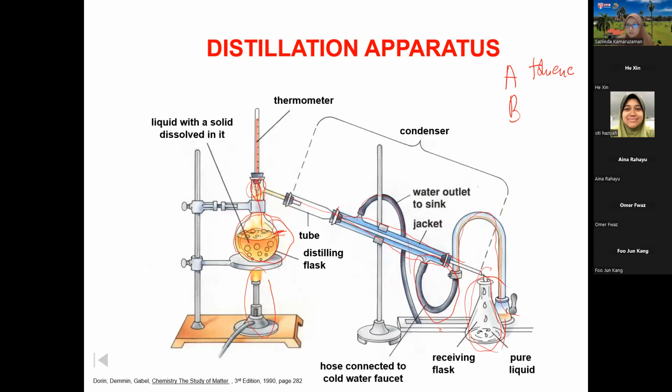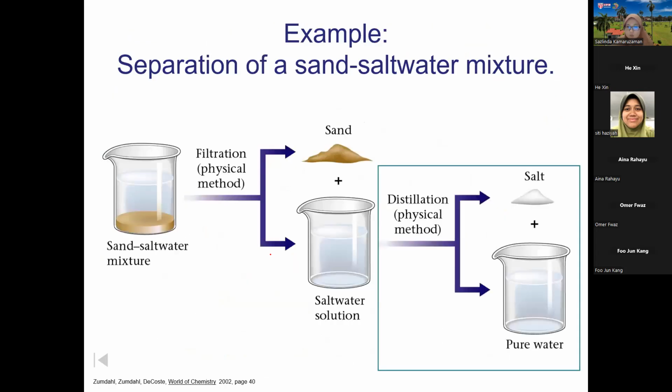The one that has the lower boiling point will undergo vaporization. In other words, the substance with the lower boiling point vaporizes easily, so the one that comes out in the receiver is the one that vaporizes easily. The one that remains is the substance that is very difficult to vaporize because it has a much higher boiling point.